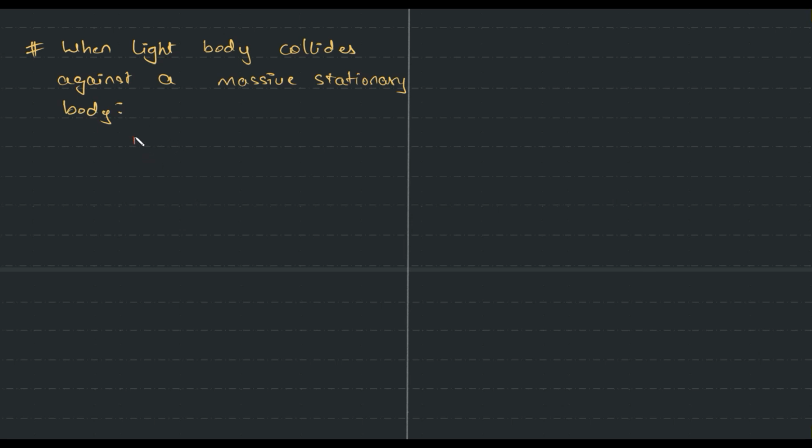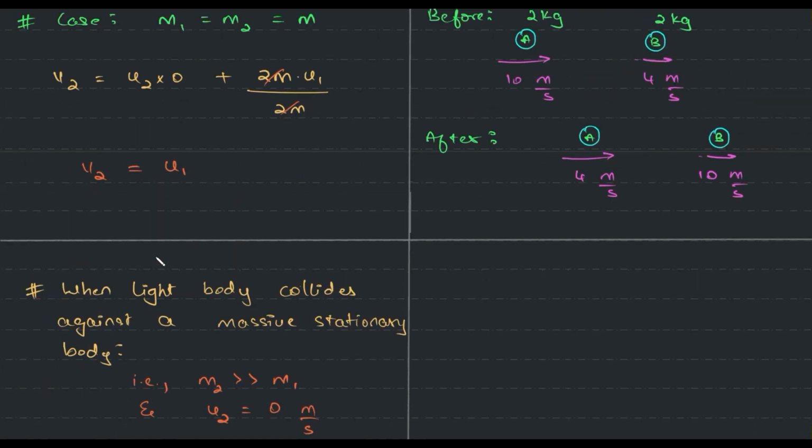Okay, so basically we'll consider m2 is much greater than m1. This means much greater. And one more thing is, the second object is not moving. It's at rest.